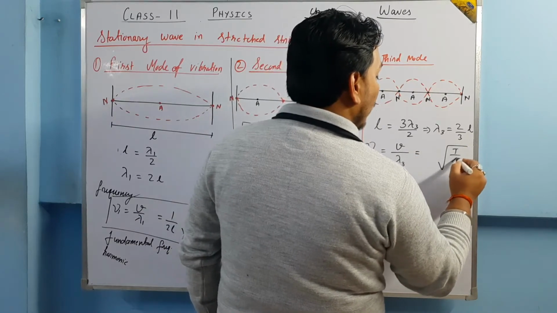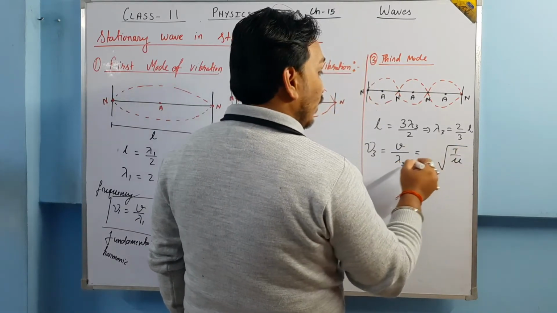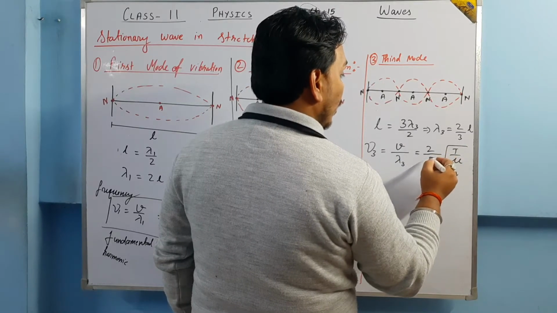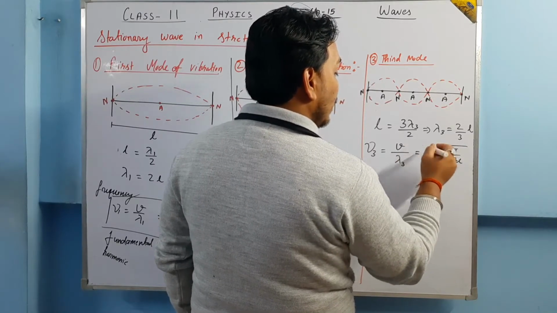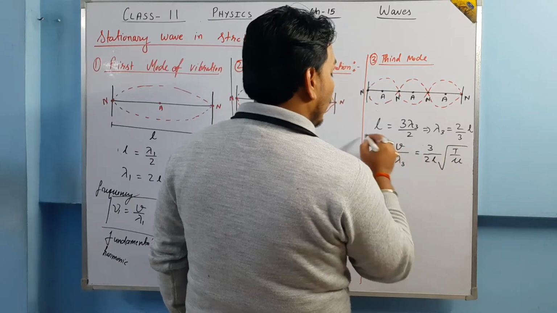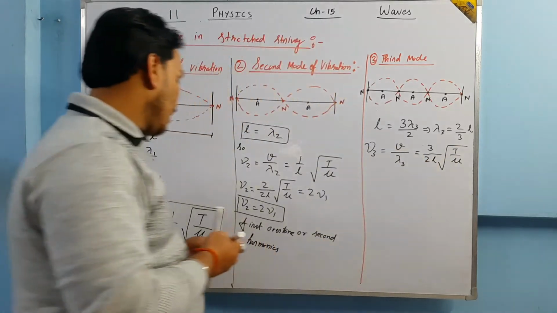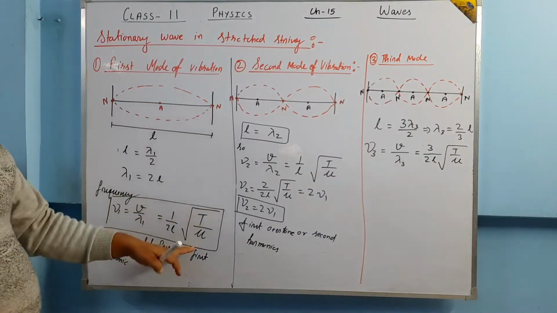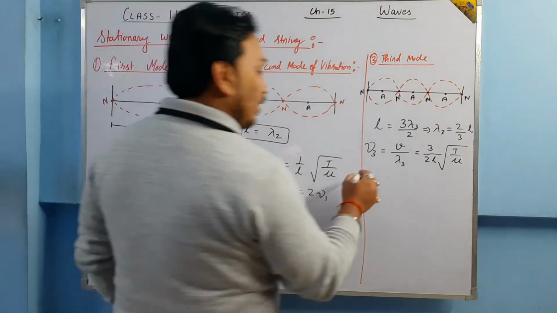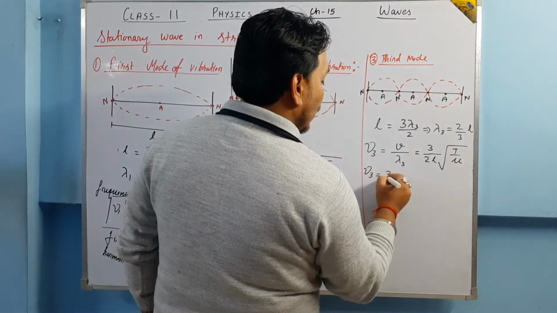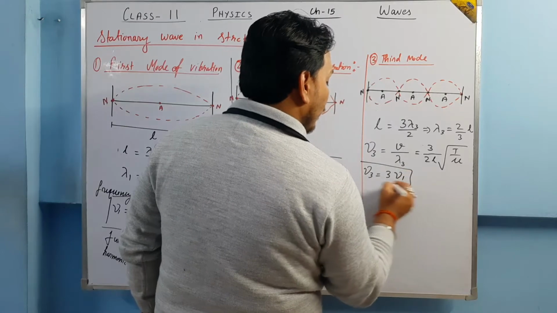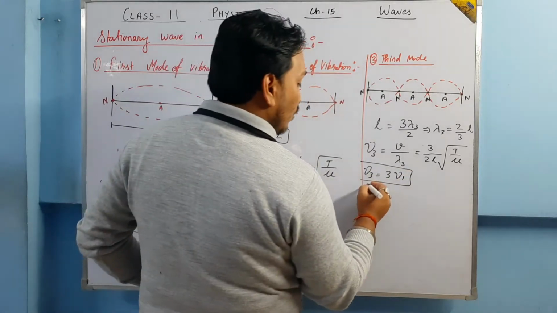It is under root T by mu, and the value of lambda 3 is 2 upon 3 times L, reciprocal to 3 upon 2L. Now just see, 1 upon 2L under root T by mu was nu 1. So we can write nu 3 is equal to 3 times nu 1.